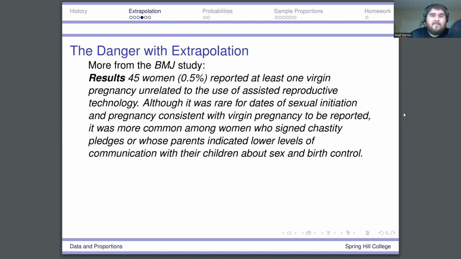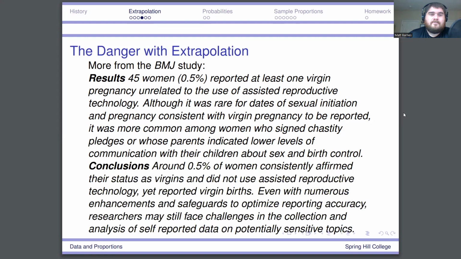Women who sign chastity pledges, maybe feeling pressure from their family, from their community, from their religious body, anything like that, that can cause them to want to not tell the truth in a situation like this. And it's hard to blame them when so much is at stake for them personally.